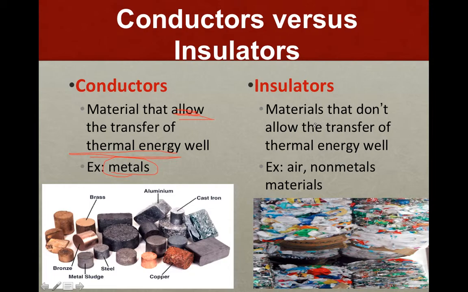Your house has insulation in it. These materials do not allow heat through; they're going to trap the heat in, or they're going to prevent the heat from coming in. So examples are air and non-metal materials: plastics, wood, things like that are all good insulators. Okay? All right.